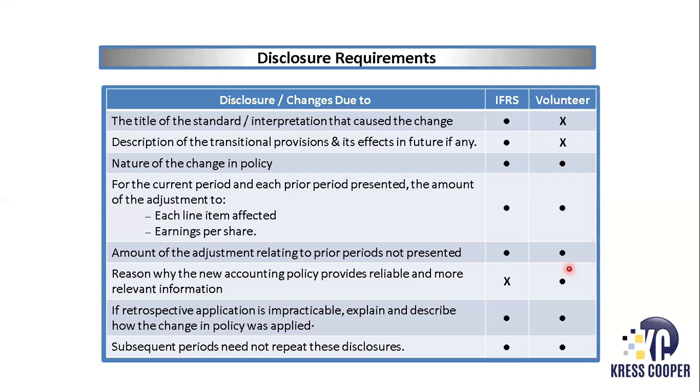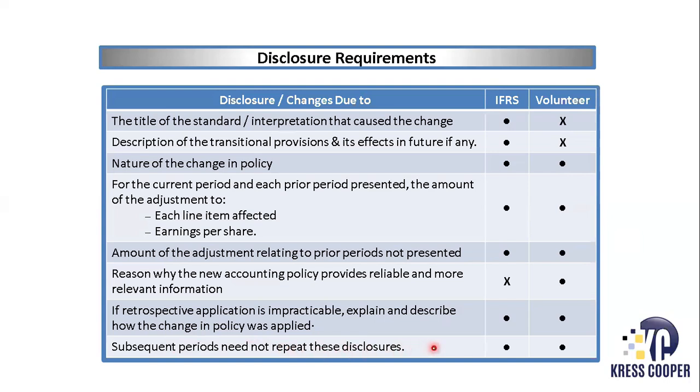accounting policy. If retrospective application is impracticable, explain and describe how the change in policy was applied, means till which date we went back and then we made the change and why that was impracticable. Subsequent periods need not repeat these disclosures.